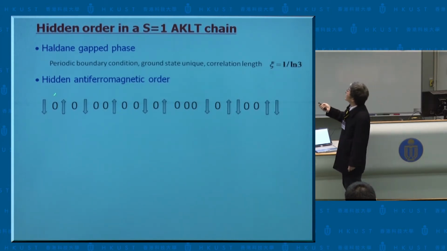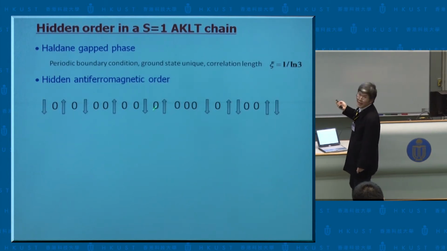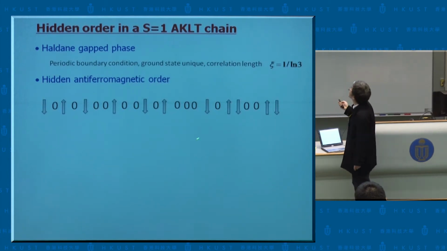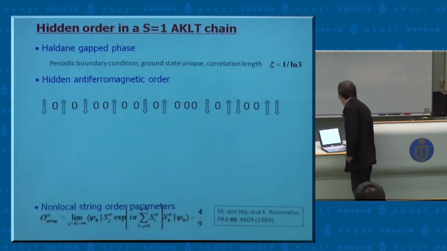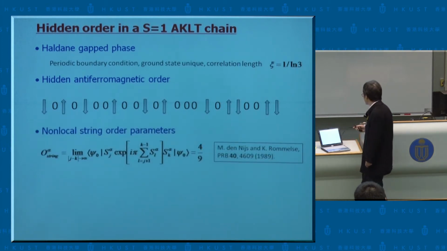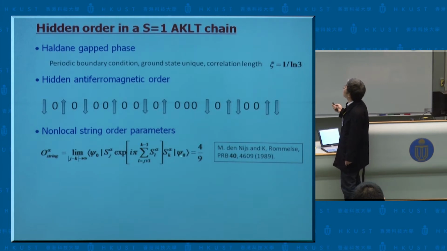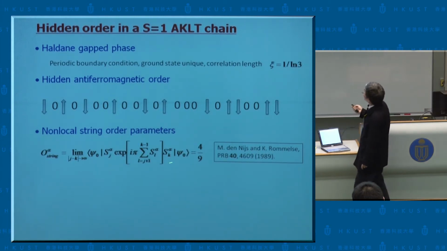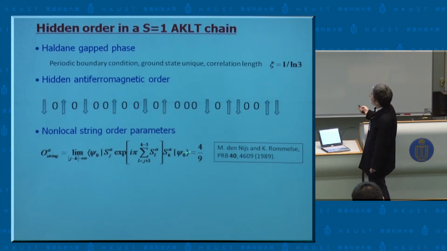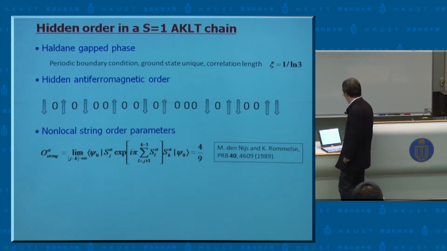So the spin -1 and +1 alternately appear. In order to describe this hidden antiferromagnetic order, people proposed such a non-local string order parameter, and this non-local order parameter has a finite value in the thermodynamic limit.